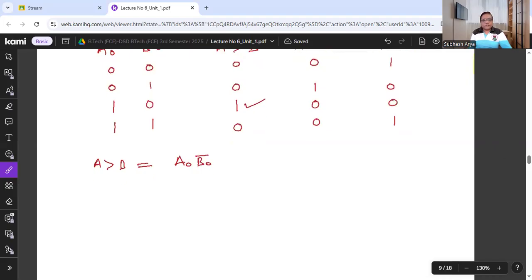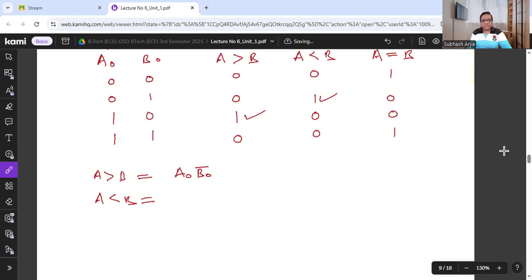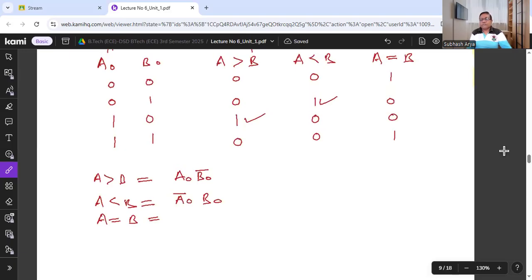And for the case of A is less than B, here we have logic 1 when A0 bar, B0. And finally, for the case when A is equal to B, we have to write the Boolean expression.